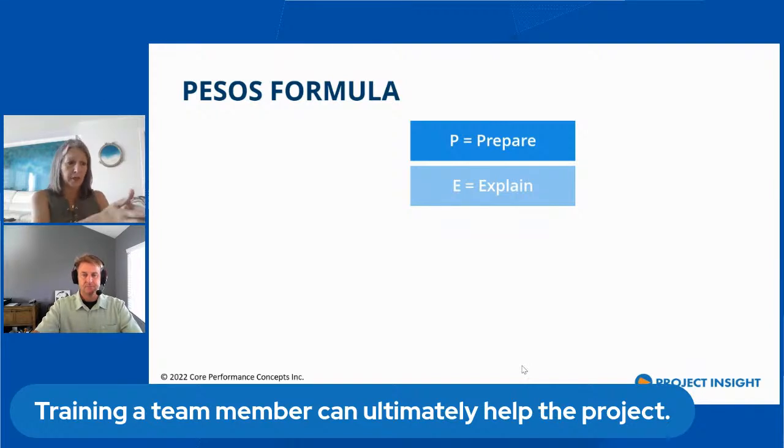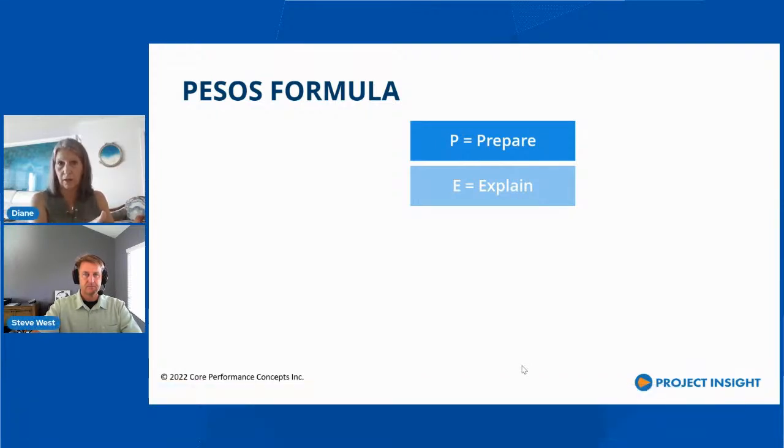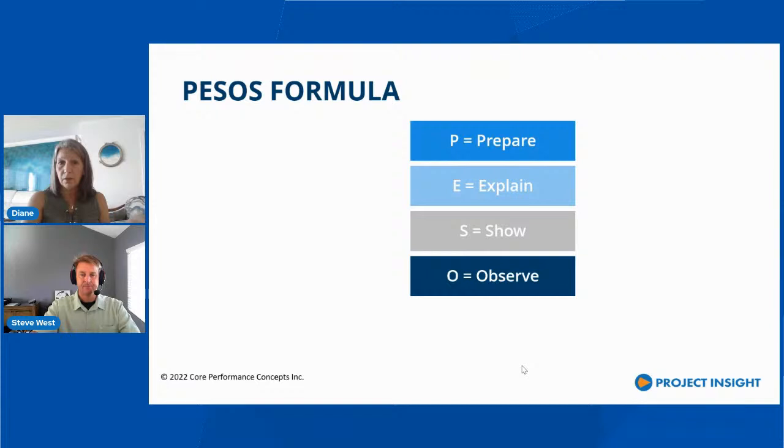So I know that we're going to need this kind of skill set to execute on this particular activity really well. So you need somebody to prepare that training, you need somebody to explain it, and then you need to show them. This is just a typical training methodology, right? Prepare, explain, show.